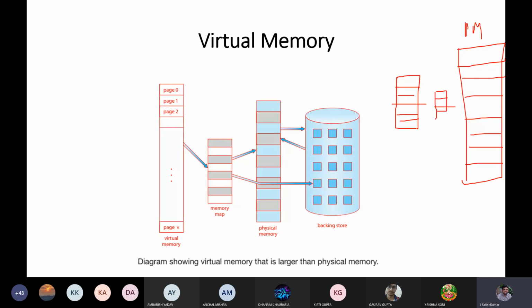This page will go to this reference, this page will go to this reference, something like that. But you see here in virtual memory, the page space is bigger and the physical memory size is smaller. Still you will be able to do that. The memory mapping will happen in such a way that we will be able to handle virtual memory even though your file size is very big.